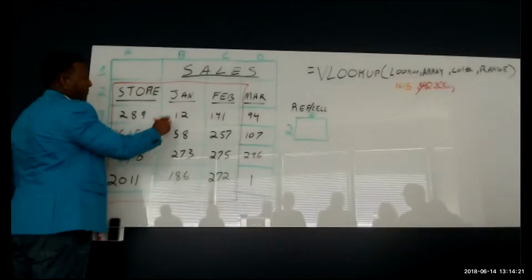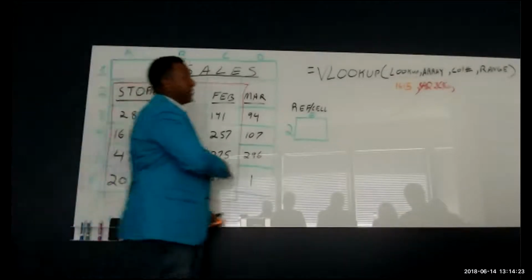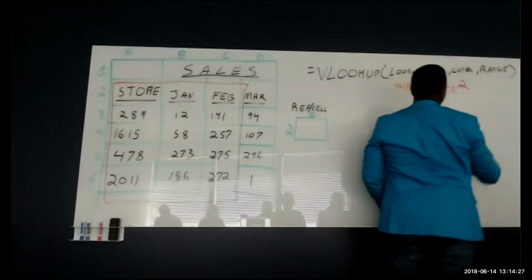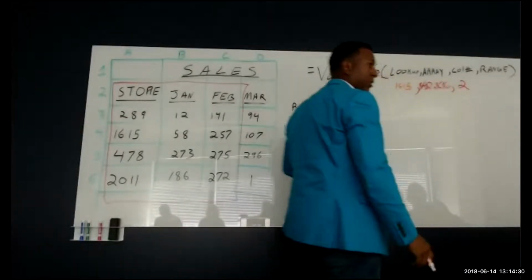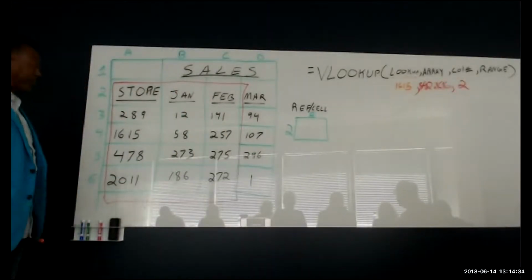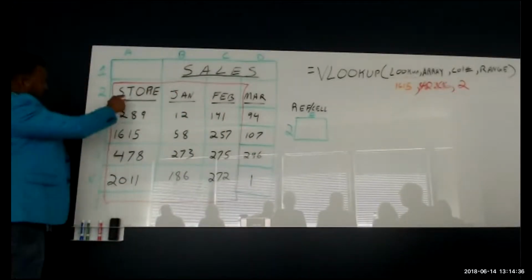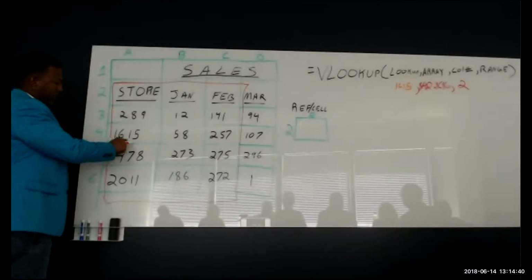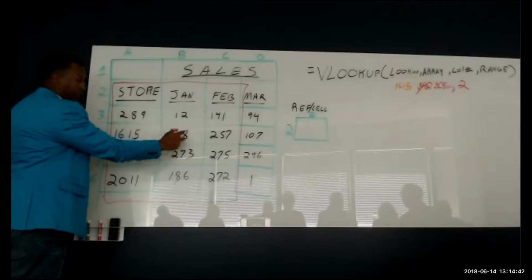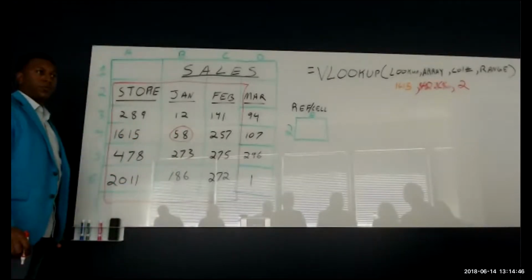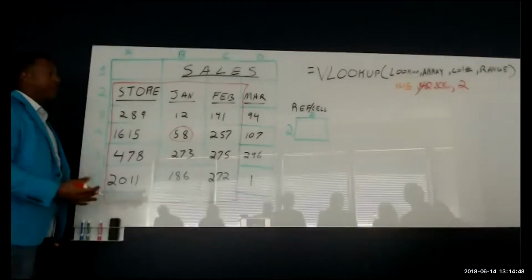January is column 2. So I would ask Excel to give me 2 columns. Okay? So what Excel is going to do now is, okay, I found 615, and I'm going to go over 1, 2 columns, and it's going to return this value. Okay? That's what a VLOOKUP does.